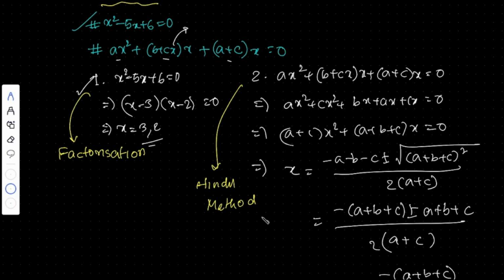The name of the method is Hindu method only, nothing else. It was derived by Sridhanacharya, a great Indian mathematician who is all forgotten. Now we have learned this.